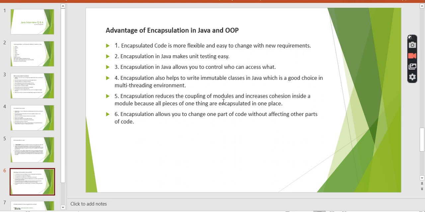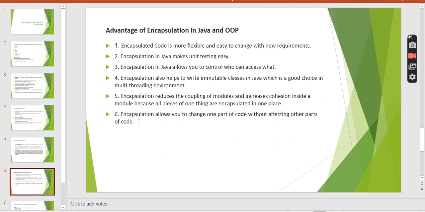Encapsulation reduces the coupling of the modules and increases cohesion inside the module, because all pieces of one thing are encapsulated in one place. Means your data member and member function are in one place. Okay, it's not scattered to another place. Suppose you create a data member in one class, and in another class you try to access that data member with the help of the other class's method, so it is scattered.